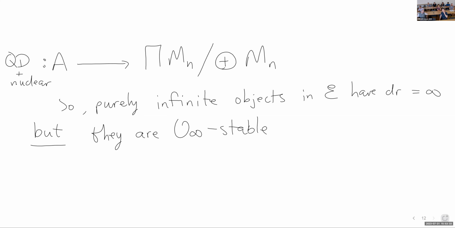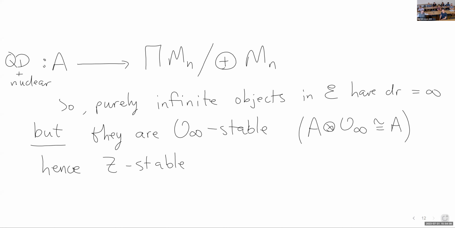It's this universal C-star algebra, and O-infinity stable means that A tensor O-infinity is isomorphic to A. This is very non-trivial, by Kirchberg's deep work. Hence, they are also Z-stable. I didn't have to say which tensor product because O-infinity is nuclear. Yes, hence they are Z-stable.